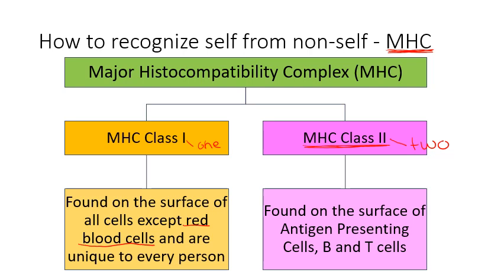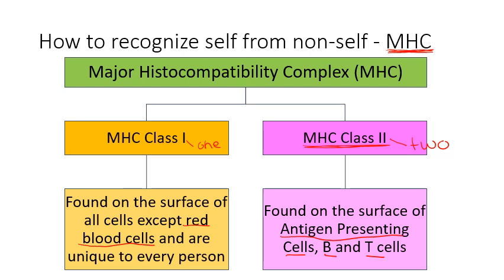Now these ones are a little bit more special because they have an extra function which we will talk about in a later set of notes, but these MHC class 2 markers are not found on every cell. They are only found on specific cell types. They are found on something called antigen presenting cells, B cells, and T cells, and we will talk about what those types of cells are as we progress further through this unit.